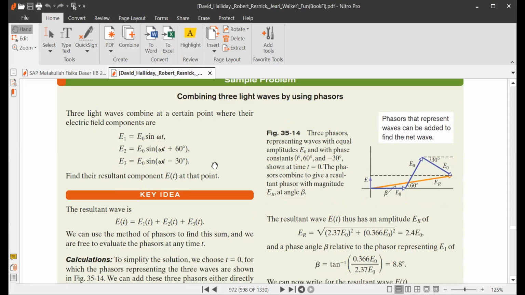This is at t equals 0. Is that clear? Oh, yes, sir. I'm starting to understand now. So basically, in general, the picture is like I showed you on the whiteboard. This picture is only for t equals 0.